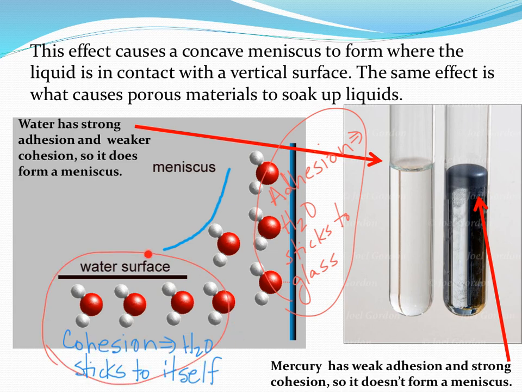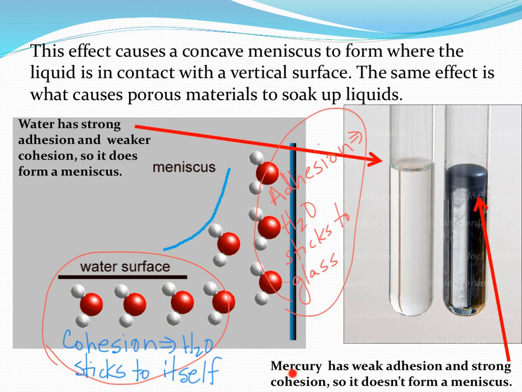It also has cohesive forces where the water sticks to itself, so it stays down in the bottom. So we end up with this curve as the side water molecules try to walk up the glass. That's why there is a meniscus when we are reading water in a graduated cylinder.